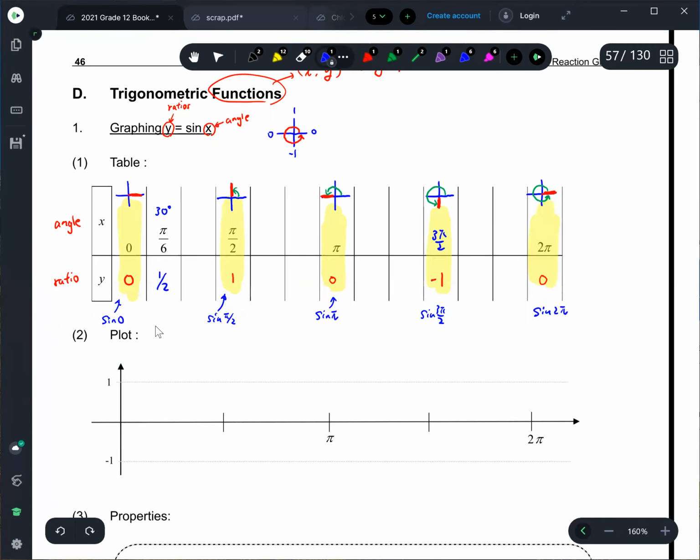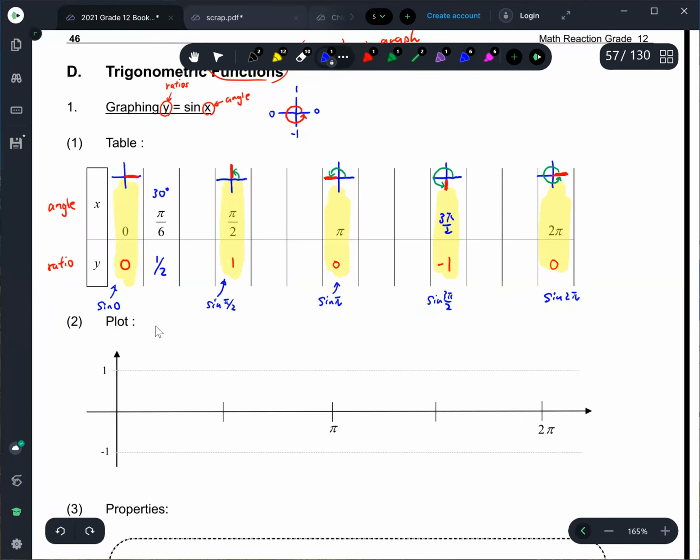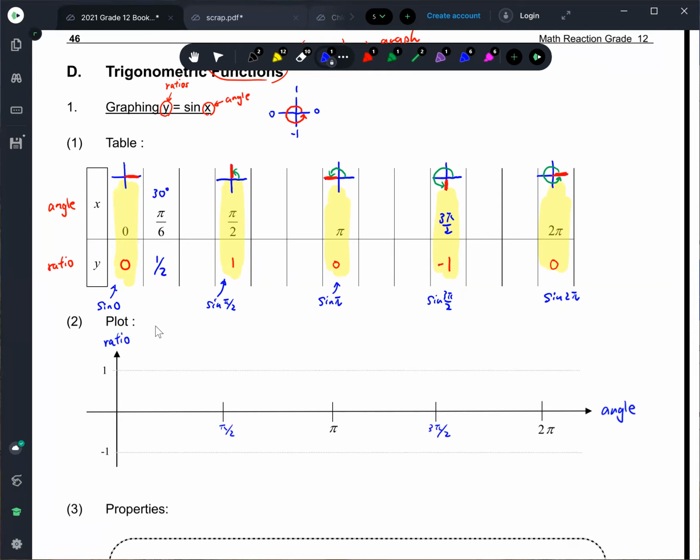Okay, look at the plotting now. The horizontal axis is the angle, and we divide it into each one being pi over 2, and then pi, and then 3 pi over 2, and then 2 pi. Those are the x values. And then the y-axis is the ratio. We just have 1, 0, and -1.